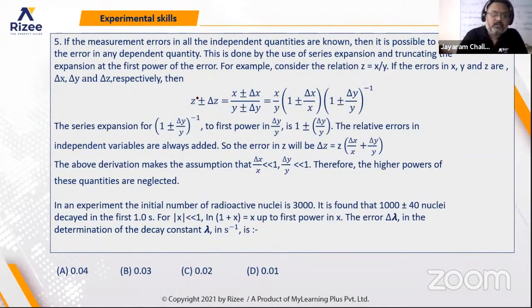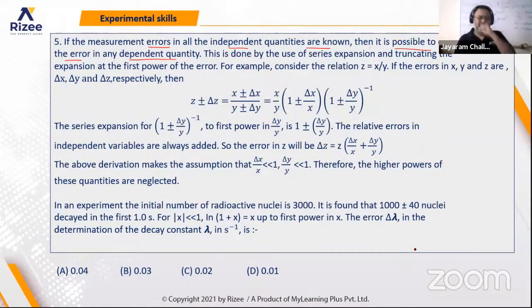Okay. So in this question, it's a very lengthy, long question, I suppose. If the measurement errors of all the independent quantities are known, then it is possible to determine the error of any dependent quantity.